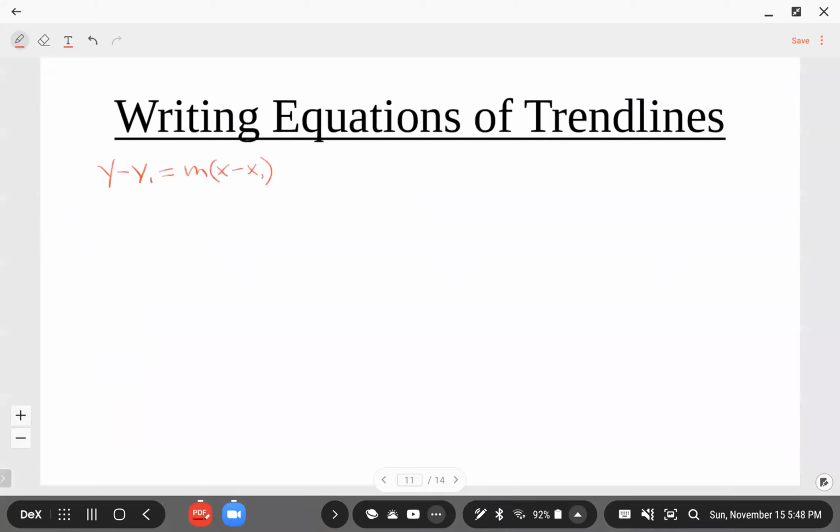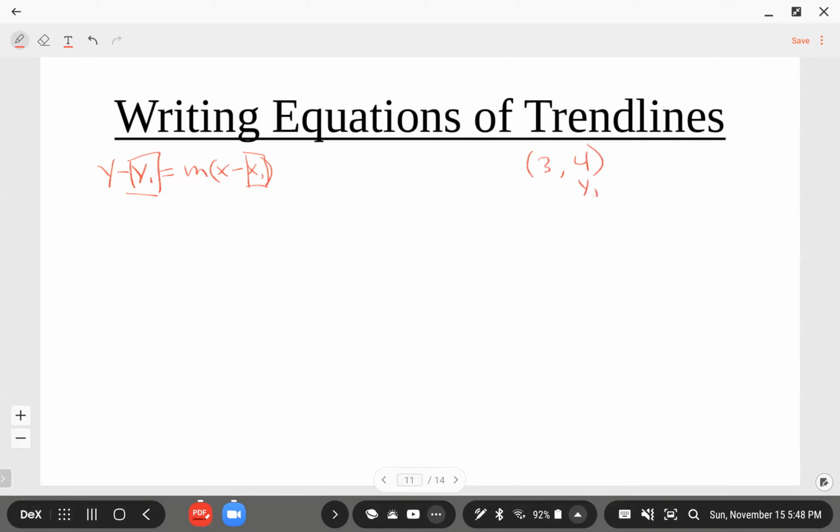So this is point slope form. Basically, y1 and x1 are the y value and x value of a point. So let's say we have this point 3, 4.